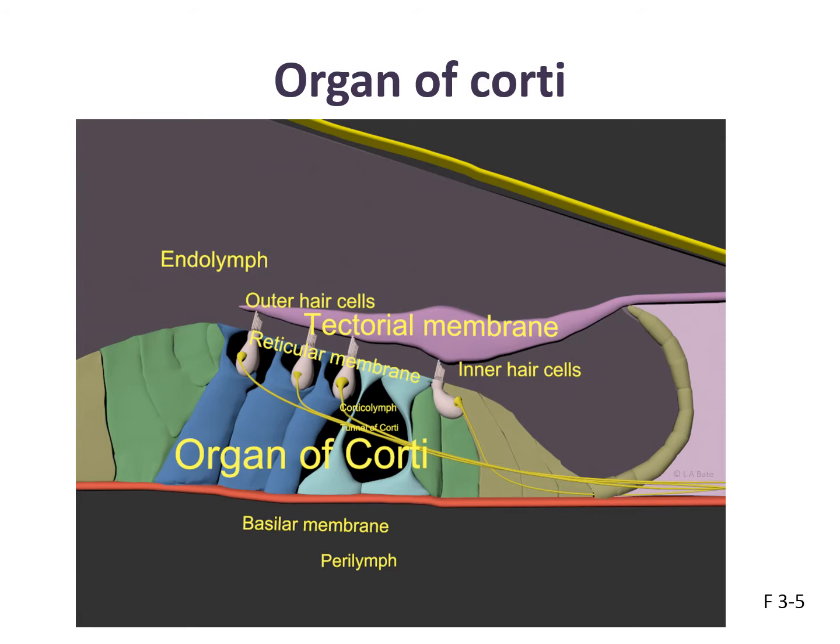The cuticular plate of the hair cells plus the surface of the supportive cells form an impermeable membrane called the reticular membrane, which permits the stereocilia, or the hair bundle of the hair cells, to be exposed to endolymph, while the body is exposed to corticolymph, a fluid with the same characteristics as perilymph.